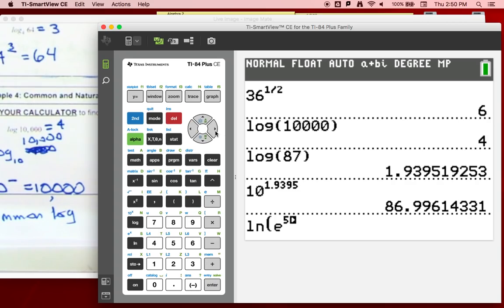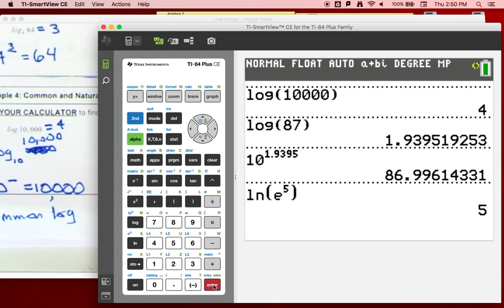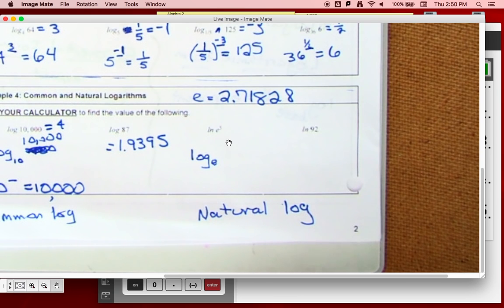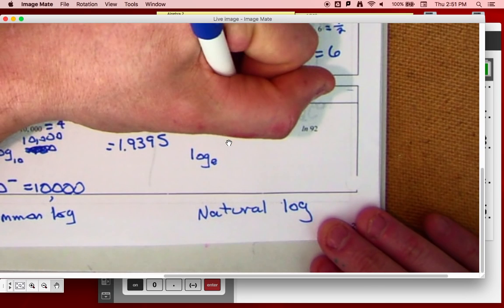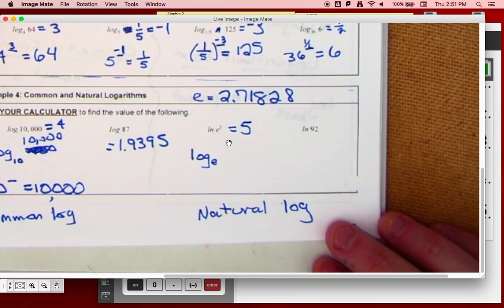Let me delete that. You've got to bump out here and now close it off. Look what happens. We get an answer of 5, okay? Because look what we're doing with logarithms and now natural logarithms. We're looking for exponents. So shortcut, if I have ln e to the 5th, I just know it's that exponent, and I get an answer of 5.